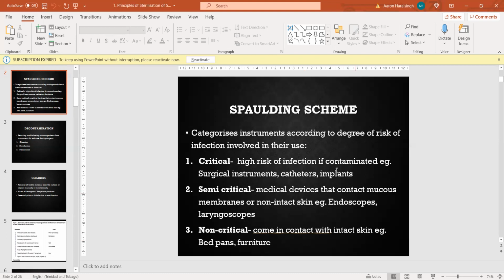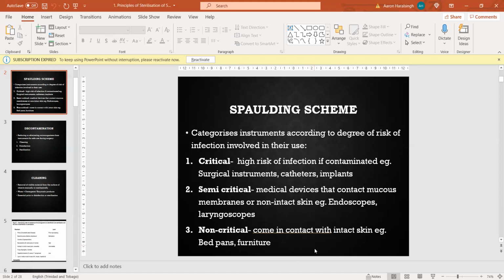An example of this is that a critical item might be a needle holder or artery forceps, and that requires sterilization in an autoclave. A semi-critical item like an endoscope or a laryngoscope requires high-level disinfection, and that may be achieved with peracetic acid at a 2% concentration.